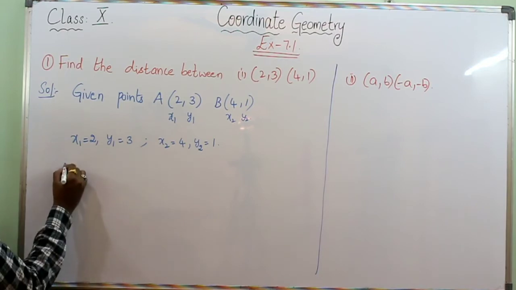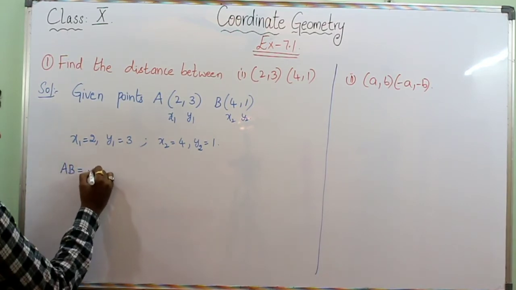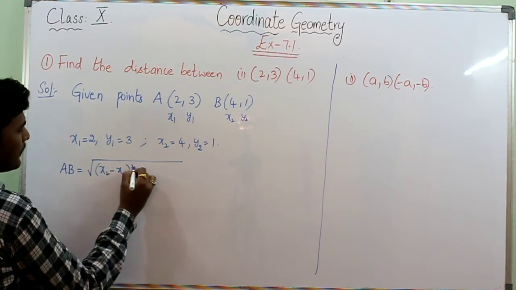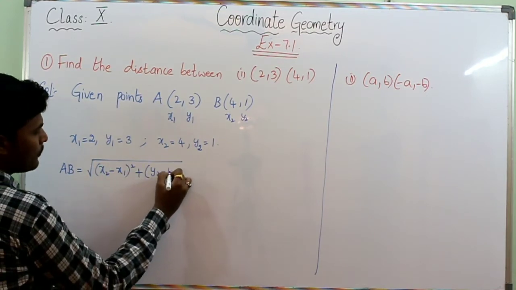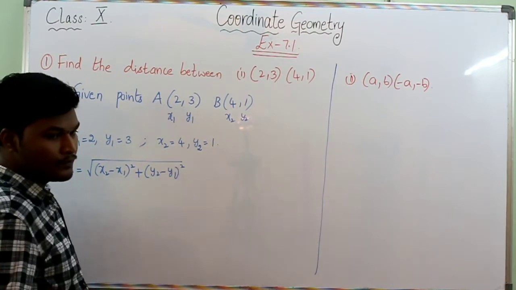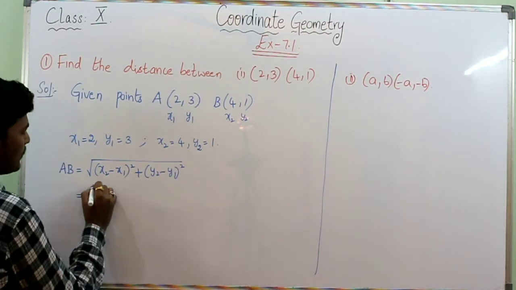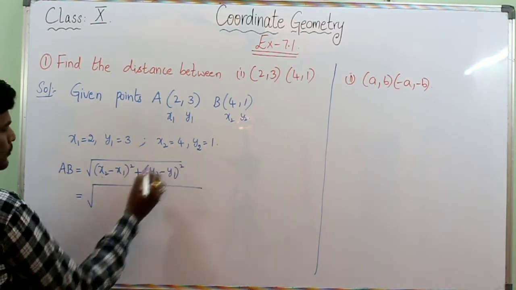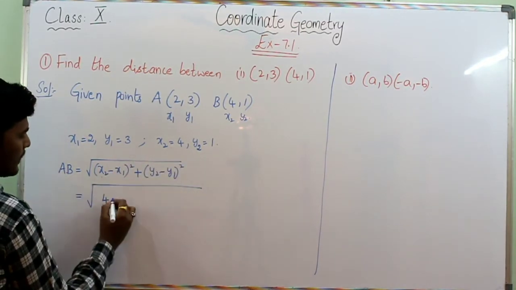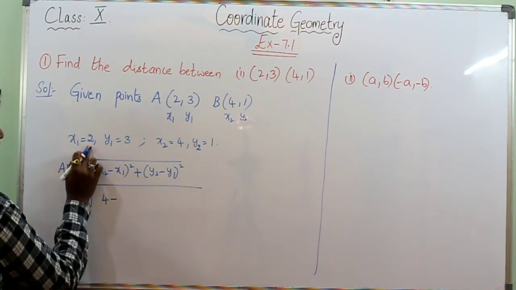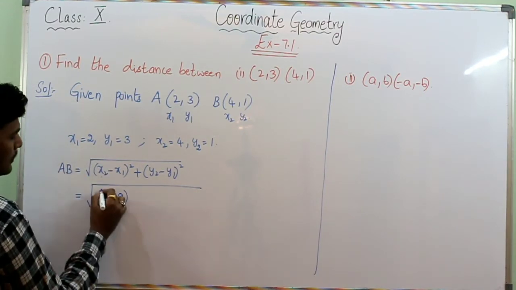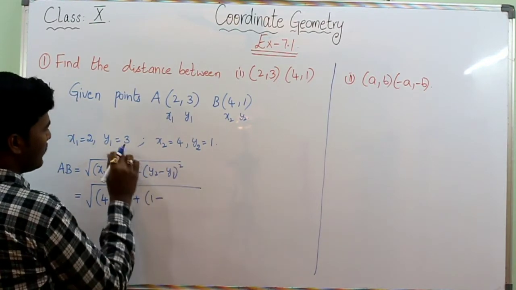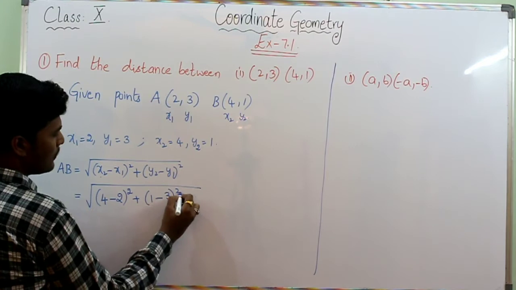Now we know that distance between 2 points is given by square root of (x2 minus x1) whole square plus (y2 minus y1) whole square. So now let us substitute the above values in this. So we have x2 point is 4 minus x1 is 2 whole square plus y2 point is 1 minus y1 is 3 whole square.